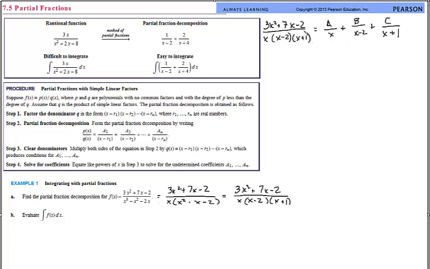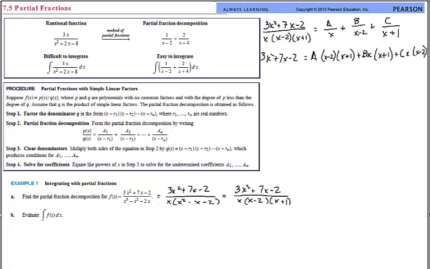What I'm going to do is multiply both sides by this entire denominator, so that on the left hand side I'll get 3x squared plus 7x minus 2 equals A times (x minus 2)(x plus 1), plus B times x times (x plus 1), plus C times x times (x minus 2).